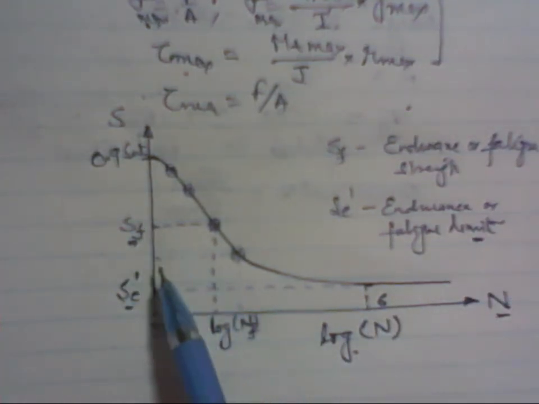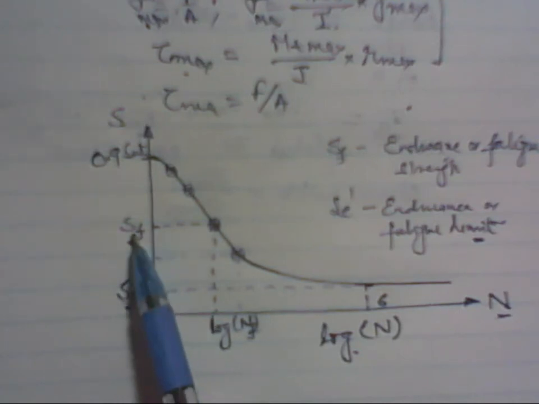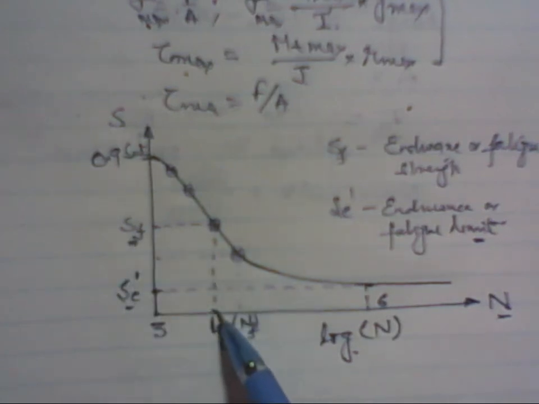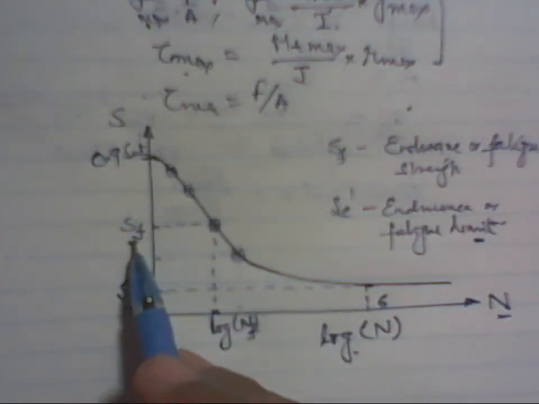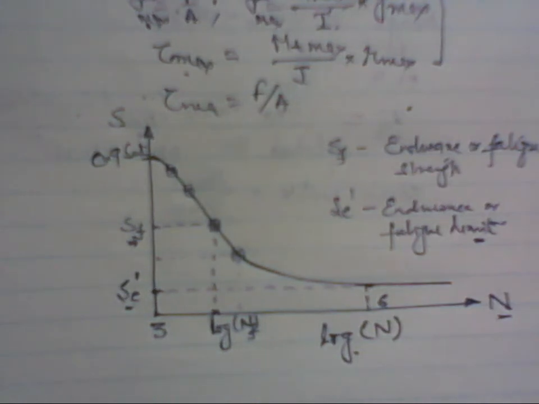Here it is important to understand that fatigue limit means we can apply that much stress for an infinite number of cycles. The component will not fail irrespective of the number of cycles. SF, fatigue strength or endurance strength, is associated with a finite number of cycles. It means that SF is the amount of stress that a component can be subjected to safely for NF number of cycles.